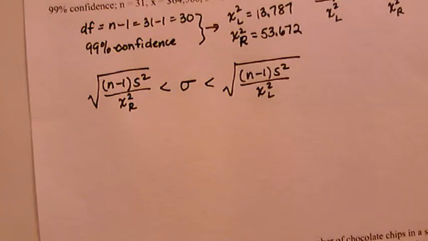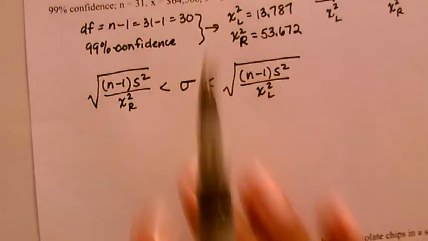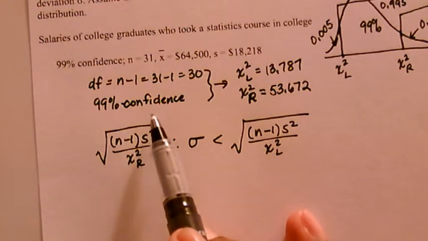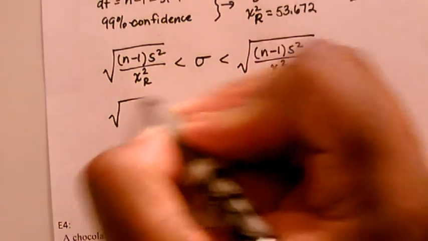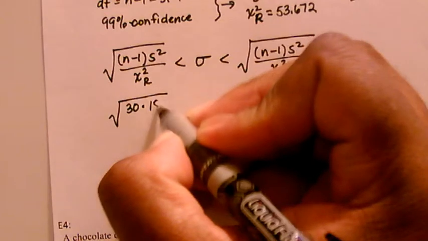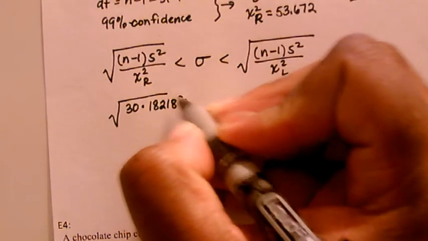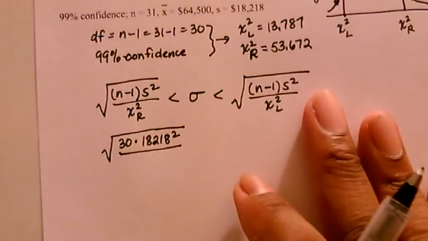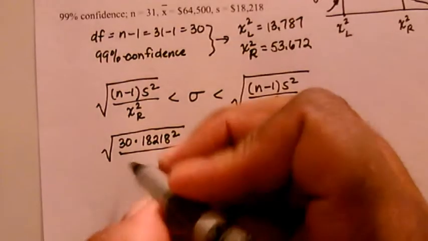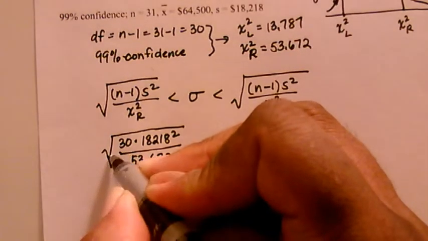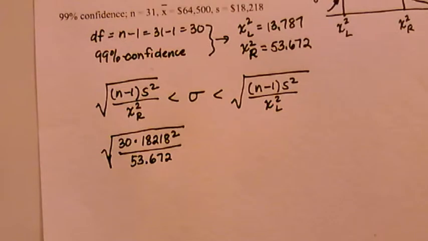Okay, and just substitute those values. N minus 1, that's your degrees of freedom. N minus 1 was 30, so we can just substitute n minus 1 with 30. So that's 30 times s, which is 18,218, and that's going to be squared, divided by your chi-square value on the right, which is 53.672. And all of this is underneath the radical, by the way.